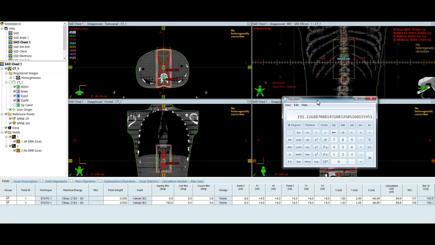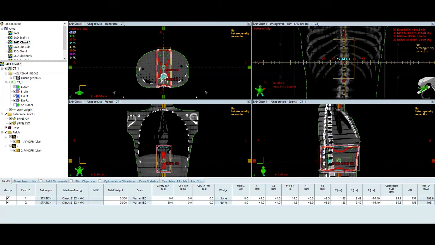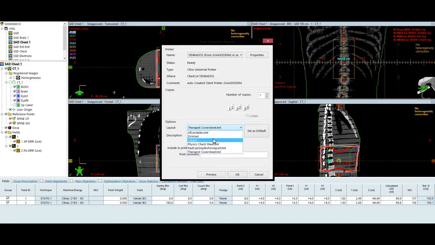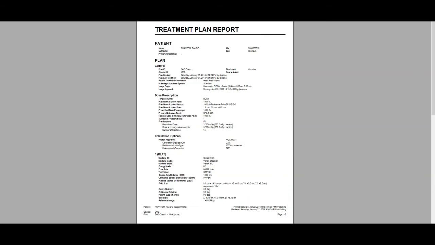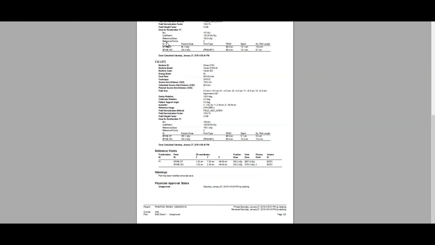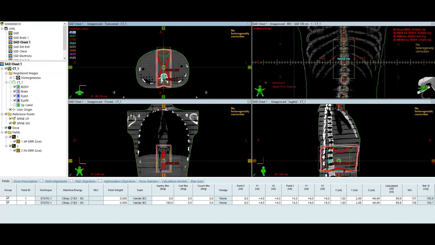So what did we do wrong? Maybe I looked up the wrong depth. So if we go to print, report, I looked up the calc point depth of 15 centimeters. So my phantom is 20 centimeters in thickness, so my spine ISO depth is 10 centimeters deep. So that's where I made my mistake.